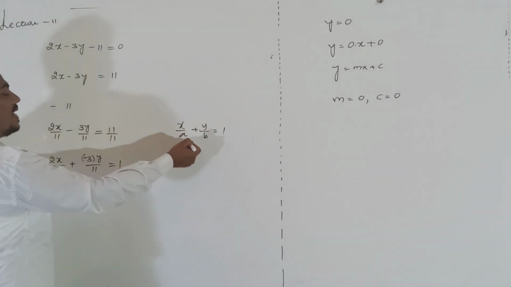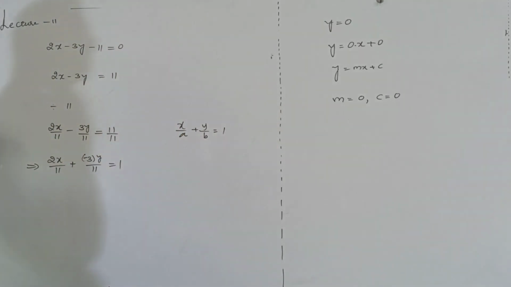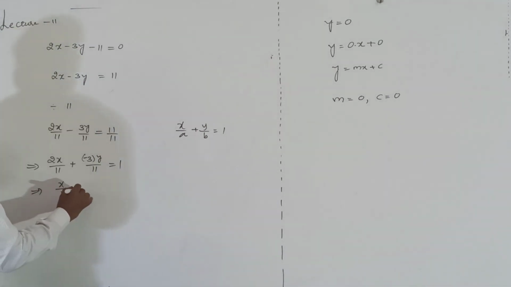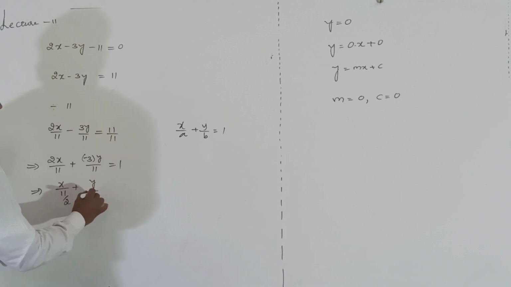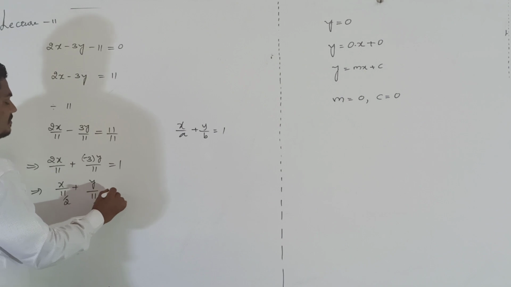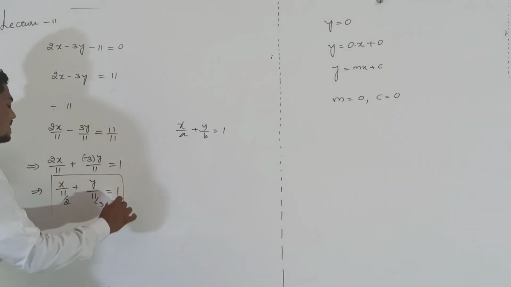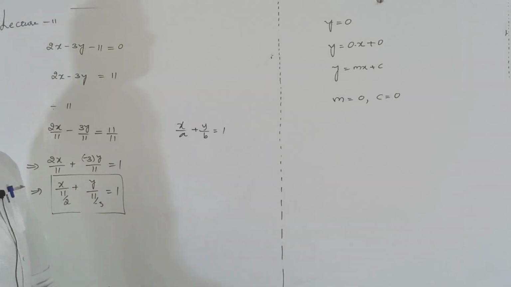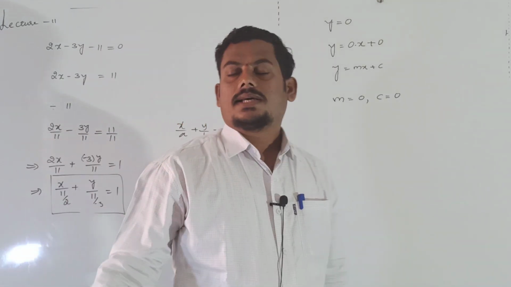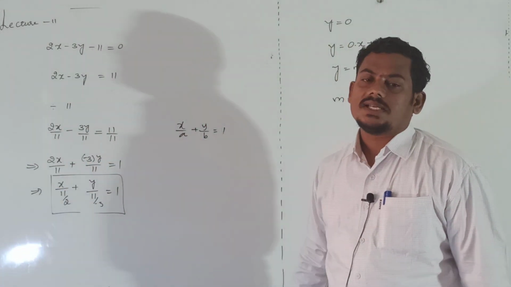But in x by a plus y by b, coefficient of x and coefficient of y should be 1, means take this 2 into denominator, then x divided by 11 divided by 2 plus y divided by 11 divided by minus 3, that's equal to 1. This is intercept form of the given line, right?